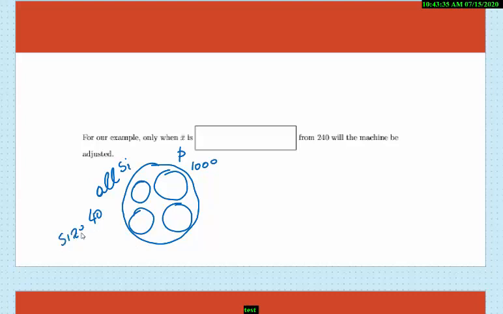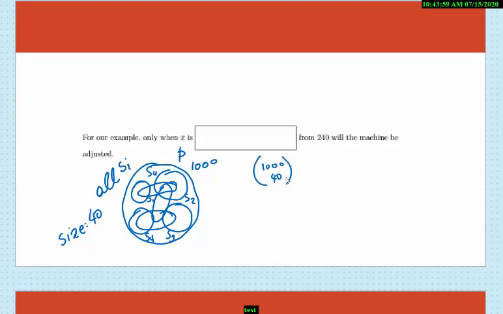Why do I call it size? Because each one of these samples right here has size 40. Are they distinct? Are they unique? No. They can be like this. So all the samples right here, how many of them? A total of 1,000 choose 40.